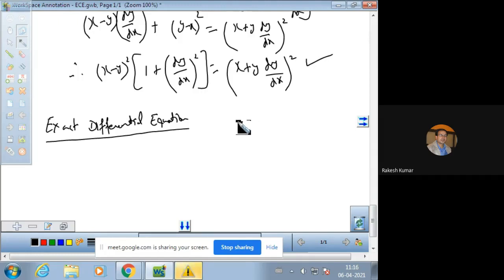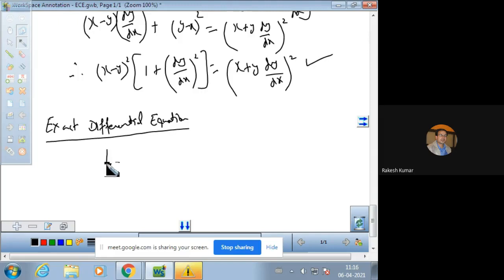So what does it mean? The differential equation can be obtained from its primitive directly by differentiation without any elimination, without any operation of multiplication, or without any reduction. And that equation is said to be an exact differential equation.